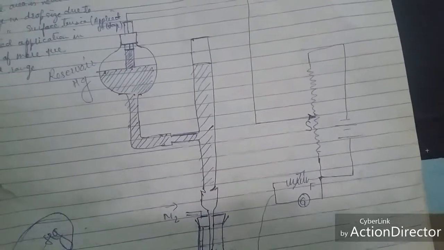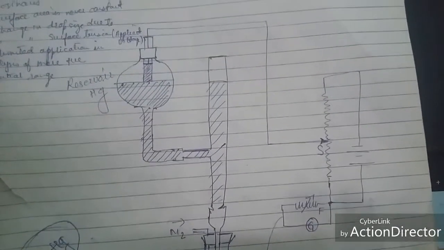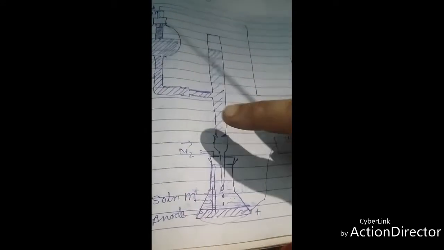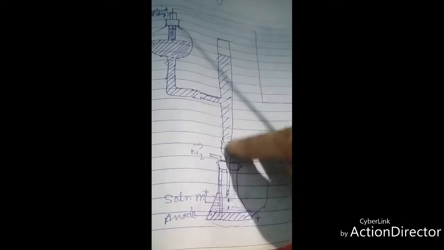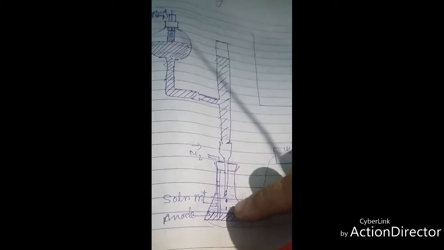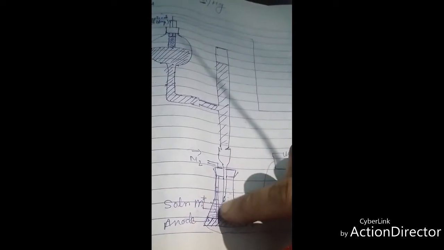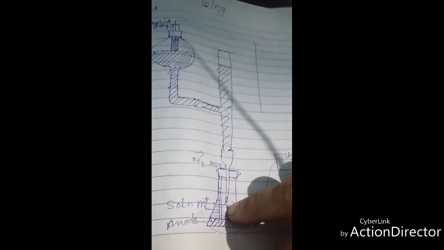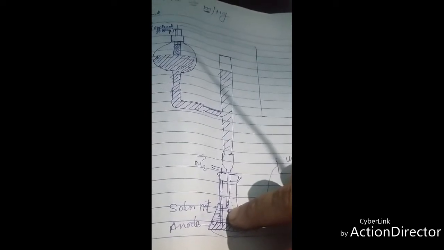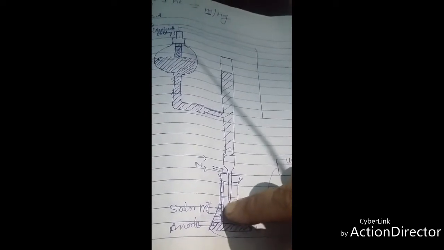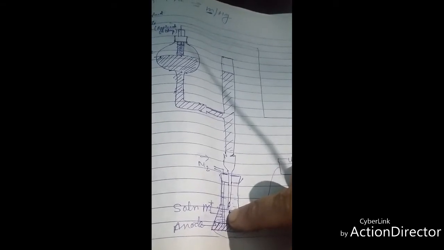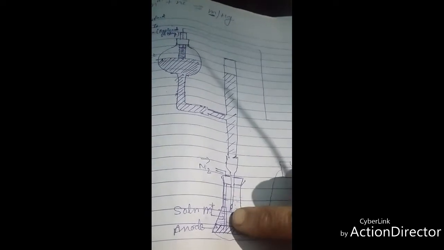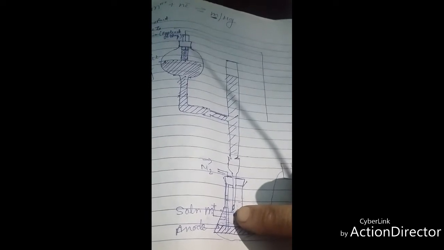As you can see, as we discussed earlier, the mercury drops are falling here, and the metal ion solution which you have taken, these metal ions will get reduced, and they will react with this mercury, giving you metal amalgam. Now this metal amalgam which is formed is dilute enough that it can be removed from the surface.